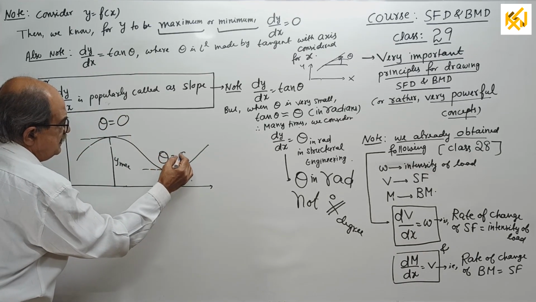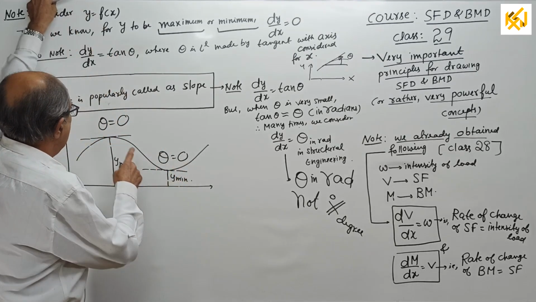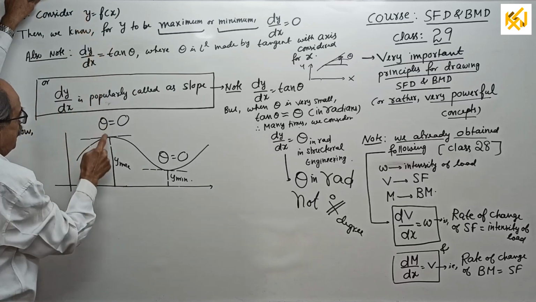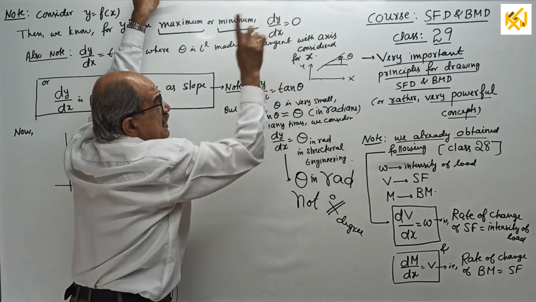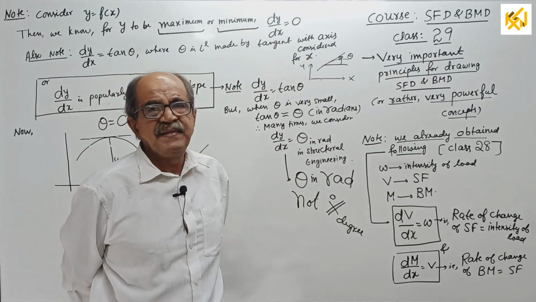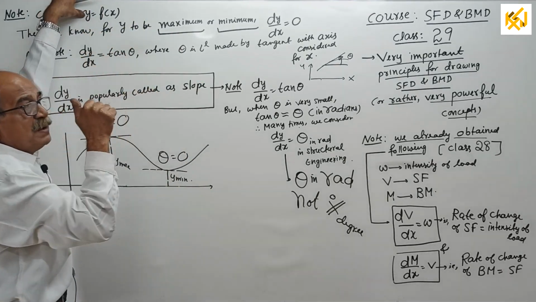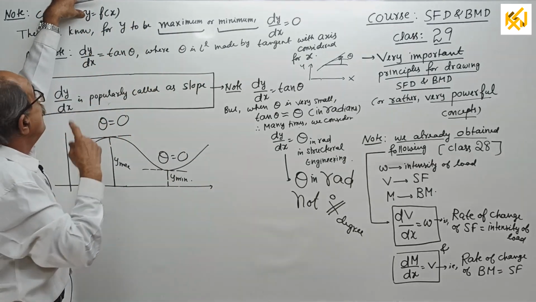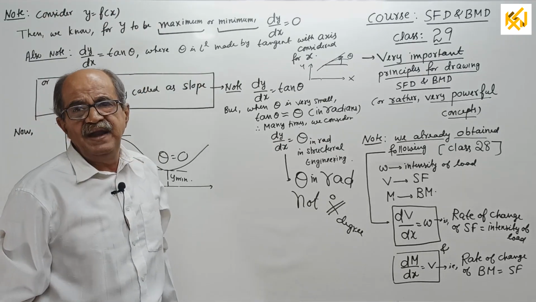Here also theta should be 0. It is a condition. Therefore, that's why for y to be maximum or minimum, dy by dx should be equal to 0. That is the correct mathematical reason.